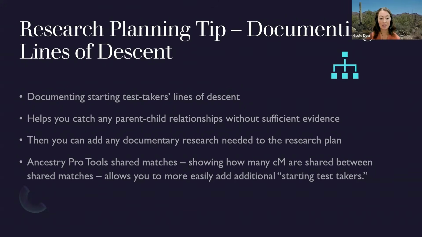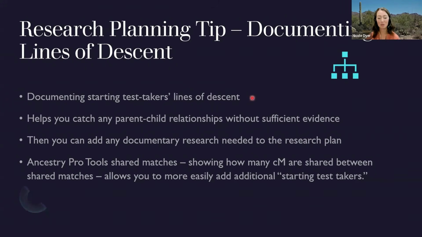If we can't do this, then we can't really use them as evidence in our final proof argument or report. So it's really important that we document these lines of descent with a source citation showing either an obituary, a census that shows relationships, something that can help us get from this person to this person with some sort of source citation or documentation.